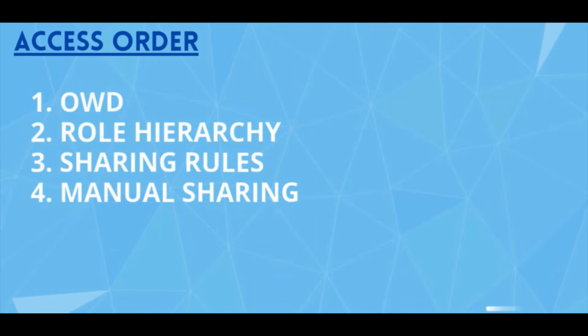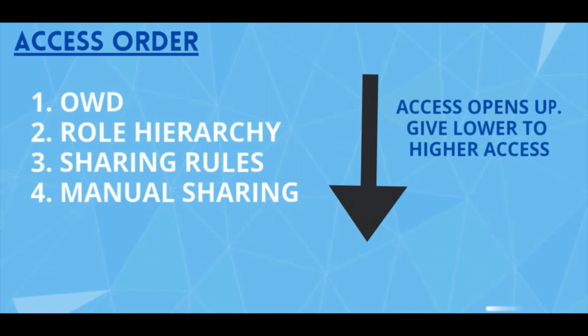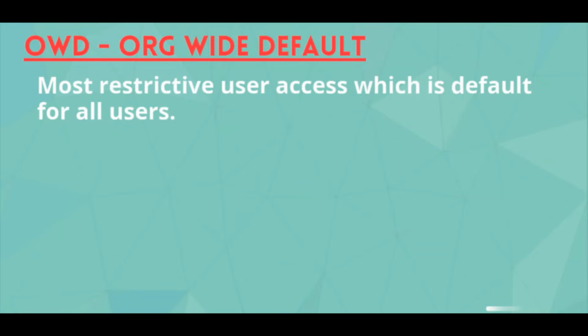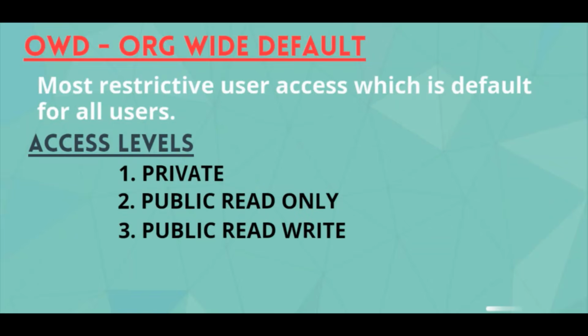Okay, as we have four of these security settings, they will be evaluated in this particular order. Salesforce will first check the OWD and then role hierarchy, sharing rules and manual sharing. As per the Salesforce security design, we need to provide the lowest level access in OWD and then we need to increase the access as we go on to row level hierarchy, sharing rules and manual sharing. Okay, we'll try to understand what is OWD.